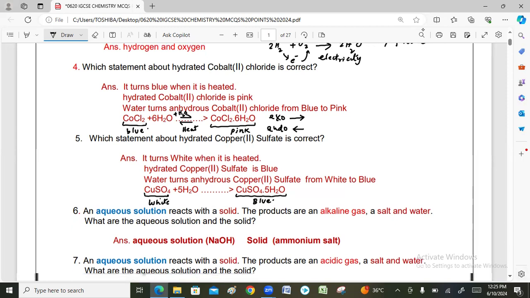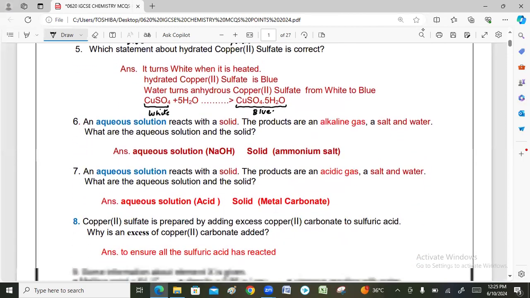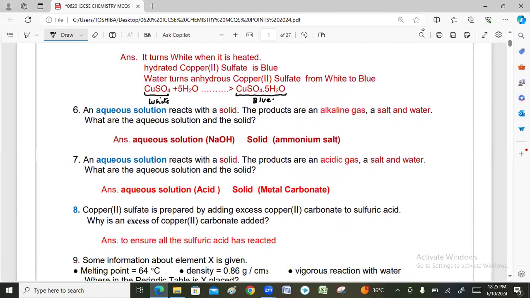Then the next point is an aqueous solution reacts with a solid. The products are alkaline gas, salt, and water. What are the aqueous solution and the solid? Whenever you get an alkaline gas, it is ammonia. And if we're getting the three products, salt, water, and ammonia, this is the property of a base.